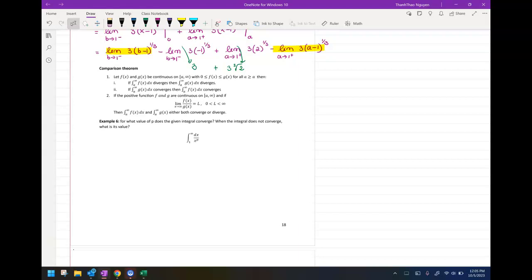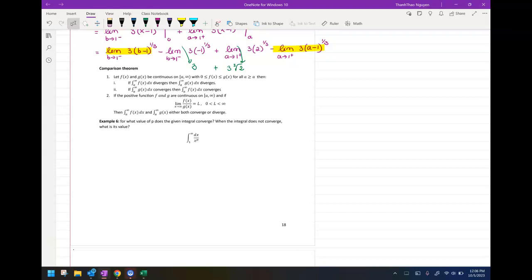Then if the integral from a to infinity of f of x dx diverges, then the integral from a to infinity of g of x also diverges. Right? So if the function that is smaller diverges, then the function that is bigger also diverges. But if the larger function converges, then the smaller function is going to converge.